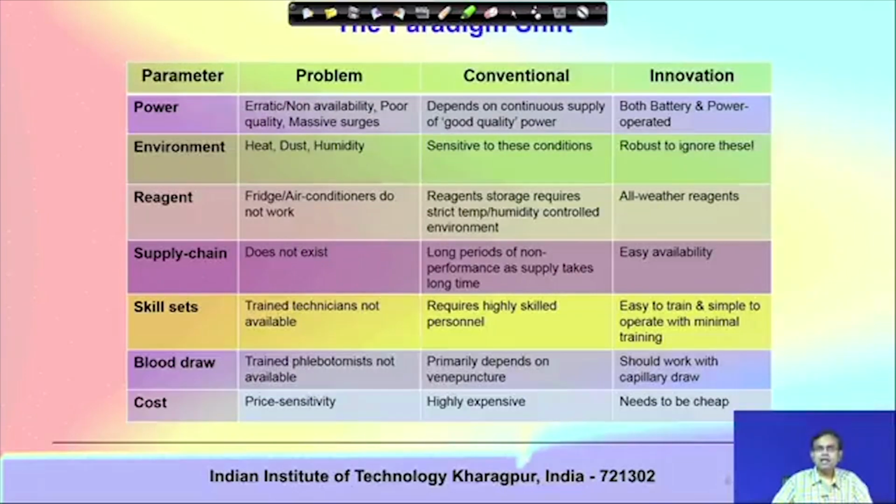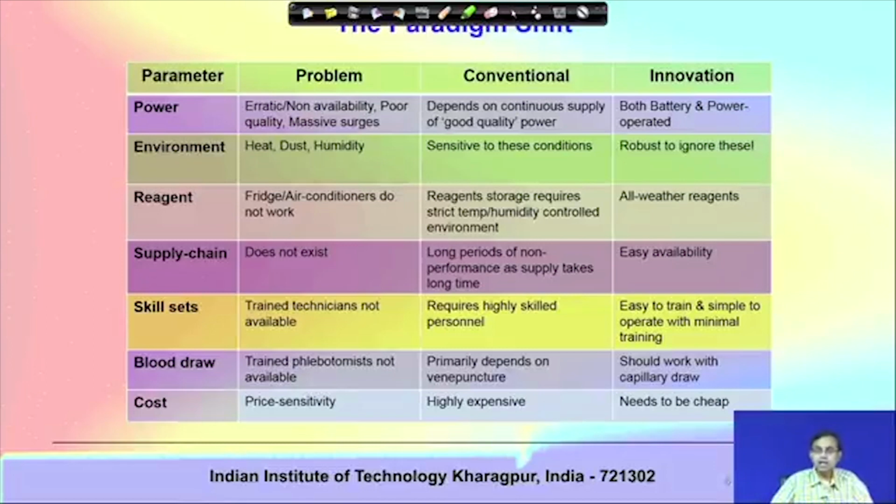Supply chain, it does not exist. Skill sets, trained technicians are not mostly available. Blood draw, trained practitioners or experts for blood drawing are not available. And cost, there is a lot of price sensitivity, so the cost needs to be cheap.